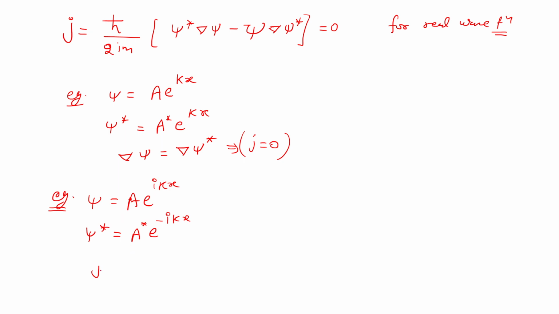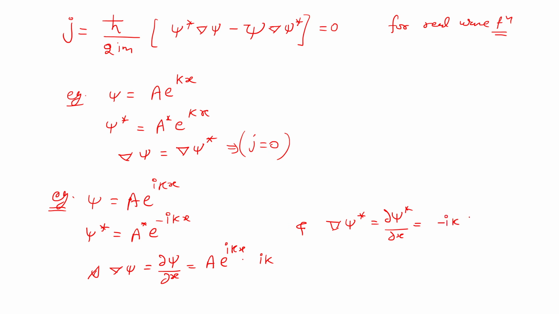First, if I calculate del psi, we simply have d psi over dx, that will become exponential of iota kx dot iota k, and we will have del psi star over dx, and that will make it negative of iota k, and then again an exponential of iota kx.